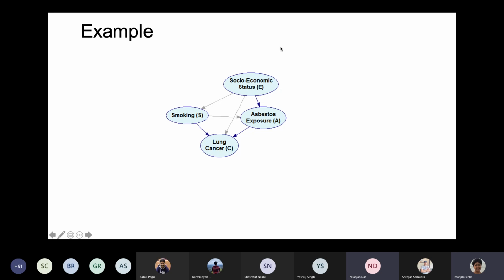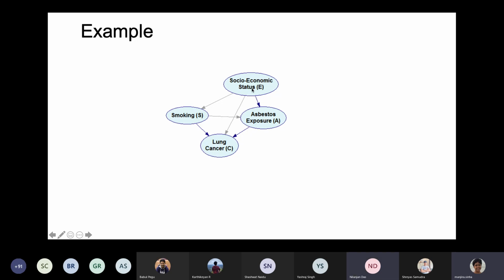I want to determine whether there is any relationship between lung cancer and the socioeconomic status of the person who has got it. So my network is socioeconomic status, and it has two descendants, smoking and asbestos exposure, with some probability values. And then smoking is also contributing to the asbestos exposure.